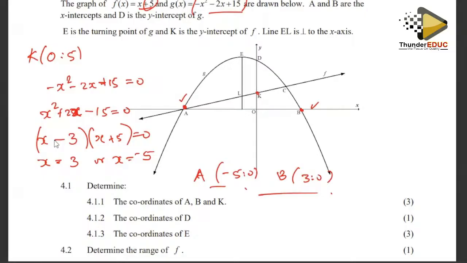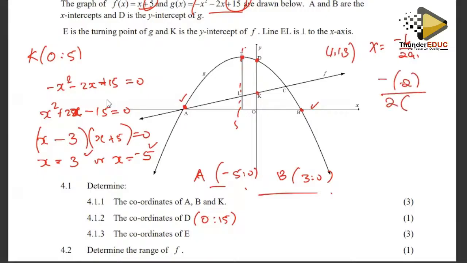Then they want us to get D, which is the y-intercept. The y-intercept is straightforward, the constant. So 0 and 15. Then they want the coordinates of E. We know that E is just the midpoint or the axis of symmetry. For the axis of symmetry, we can use negative b over 2a. So negative, the b is a negative 2 over 2, the a is a negative 1.